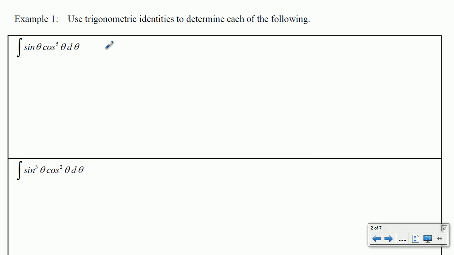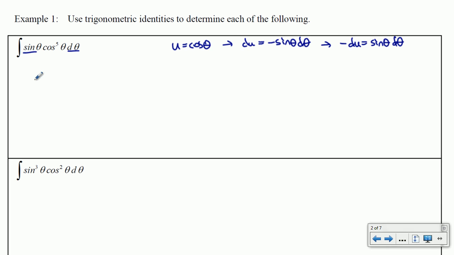So for this first set of problems, we need to use trig identities to determine each of the following indefinite integrals. This first one doesn't even look like we need to use trig identities. We can use our substitution techniques developed from last class. So if we let u be cos of theta, then du is equal to negative sine theta d theta. And I can see a sine theta d theta appear here. So that means negative du is equal to sine theta d theta.